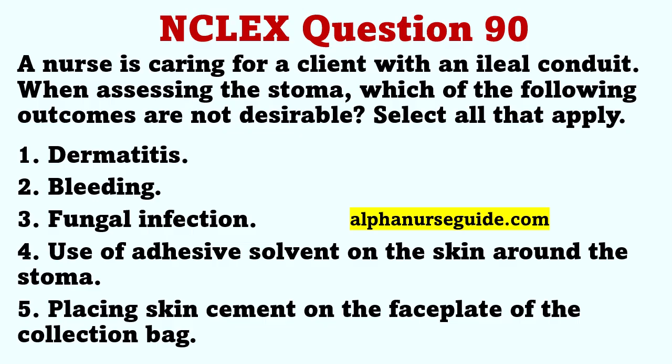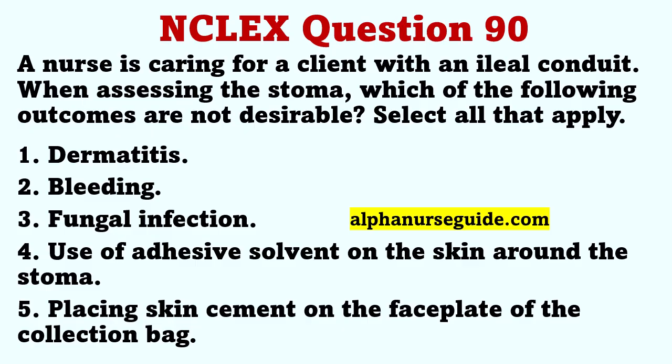The correct answers are 1. Dermatitis, 2. Bleeding, and 3. Fungal infection. Dermatitis with alkaline encrustations may occur when alkaline urine comes in contact with exposed skin. Yeast infections, or fungal infections, are another common peristomal skin problem. If the stoma is irritated from rubbing, there will be bleeding.